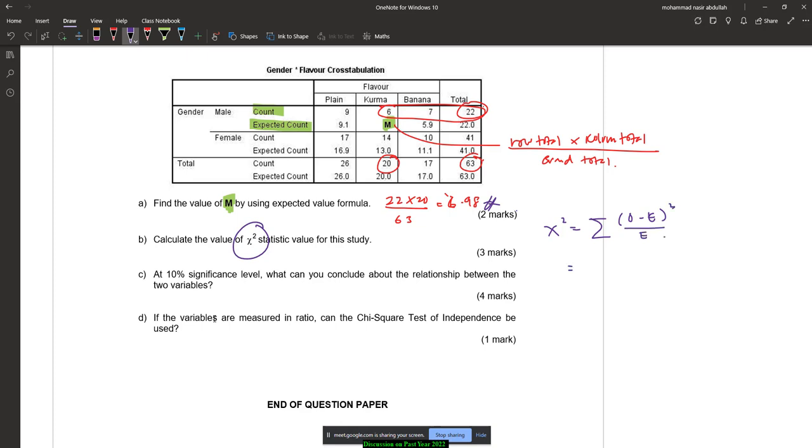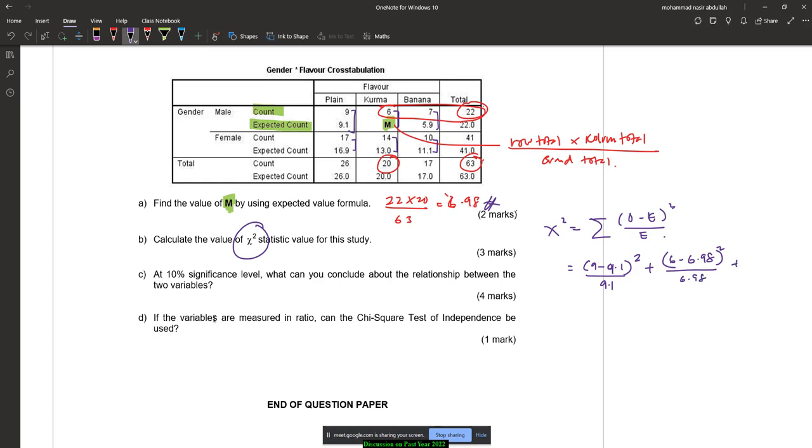So what you need to do is find the difference here. So 9 minus 9.1, sorry, squared, divided by expected 9.1, plus 6 minus 6.98 squared divided by 6.98.